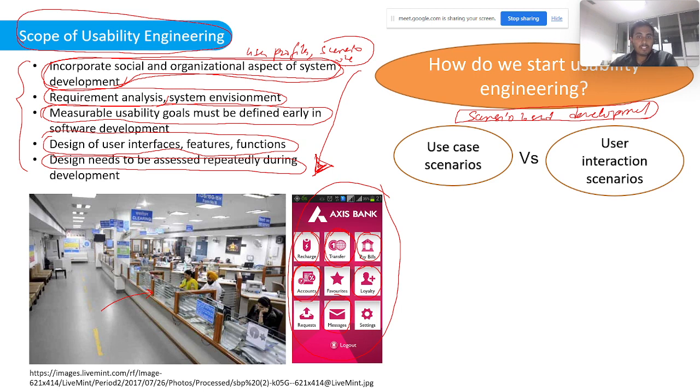For example, recharge. Probably here recharge does not mean mobile recharge, but recharging your various accounts, for example, if you want to do a phone recharge. Those features have been incorporated in Axis Bank, but these are secondary features.